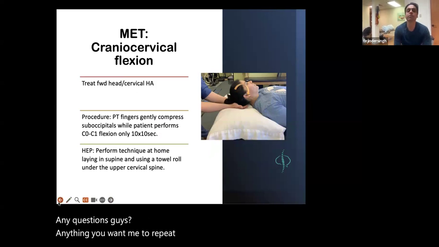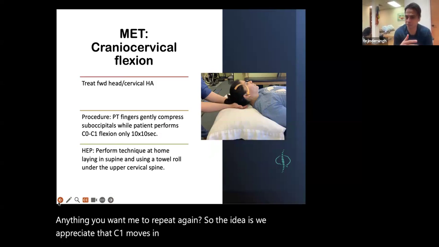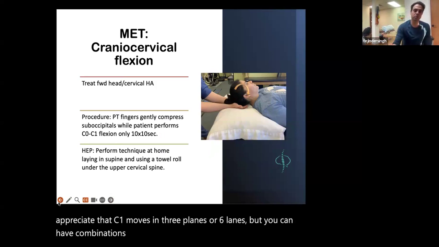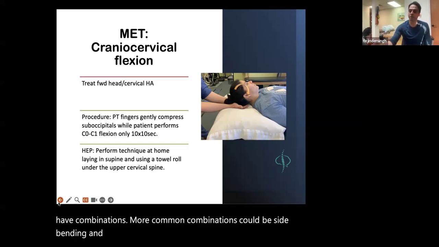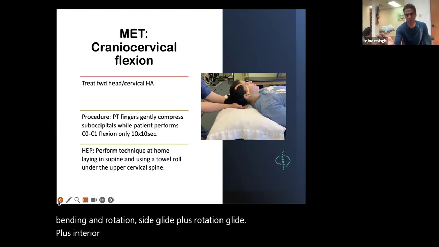So the idea is we appreciate that C1 moves in 3 planes or 6 planes, but you can have combinations. More common combinations could be side bending and rotation, side glide plus rotation glide plus anterior translation. Anterior translation you will find all the time.